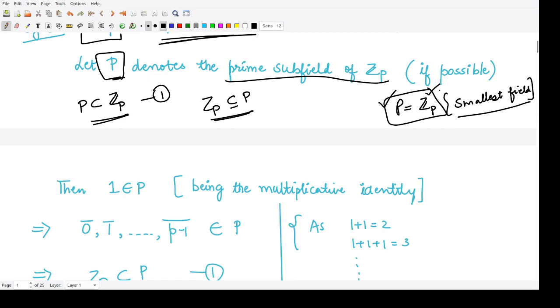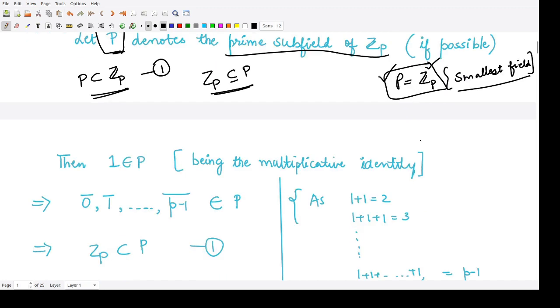So this is what we are to prove. For that, P contains 1, why? Because it is a subfield, and a subfield has the multiplicative identity within itself. So that is true.